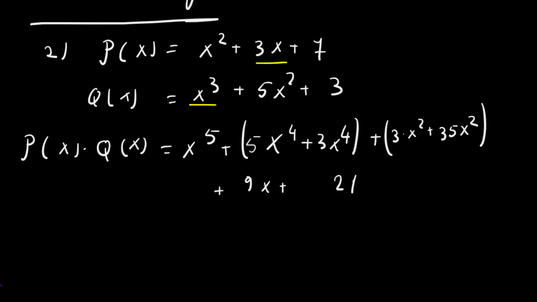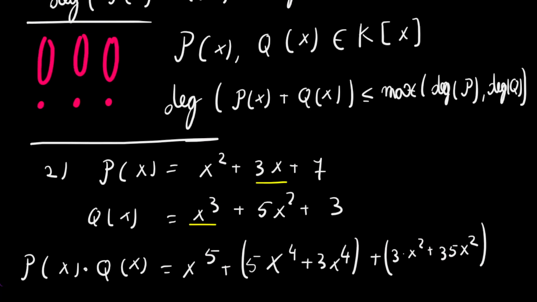So when I consider the multiplication, I will have x^5 plus 8x^4 plus 38x squared plus 9x plus 21. So here is the multiplication.